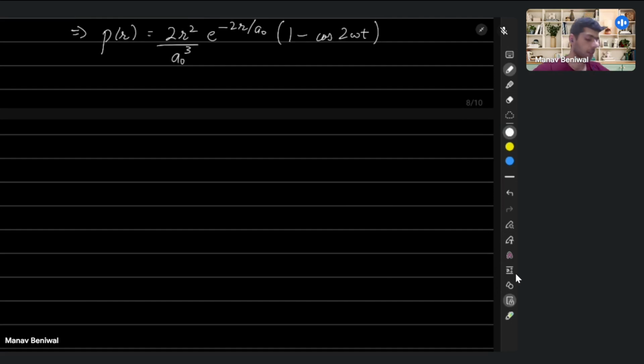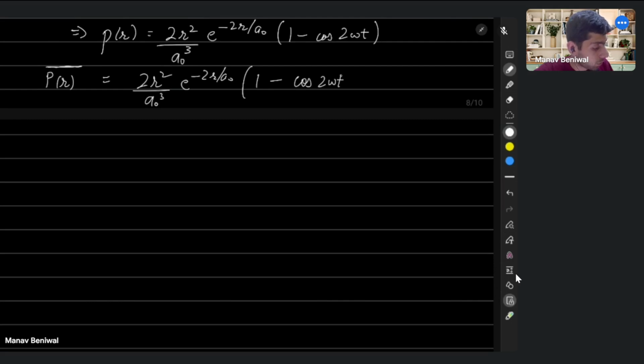Now if you look at this thing, and if we compute the average, let's say P of r average, if we compute the average of this thing, then we basically get 2r squared by a naught cube e to the minus 2r by a naught, and then 1 minus the average of cos 2 omega t over one entire cycle.